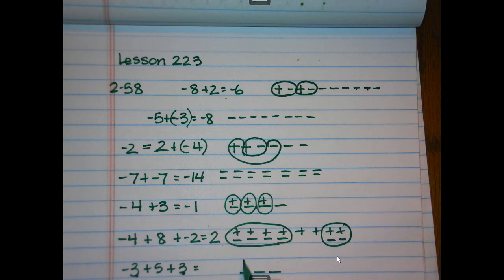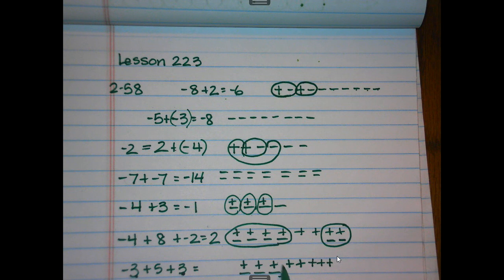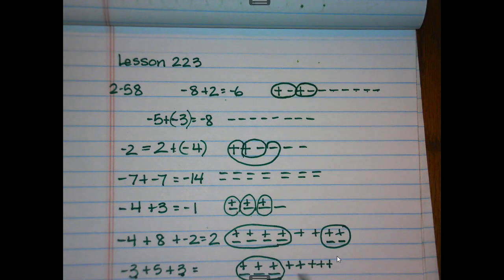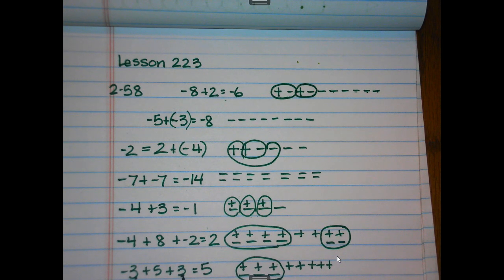We have a +5: 2, 3, 4, 5. And then we have a +3. So we end up with 1, 2, 3. And if I combine the 0 pairs, I end up with a +5 left over, which makes sense because -3 and +3 would make a 0.